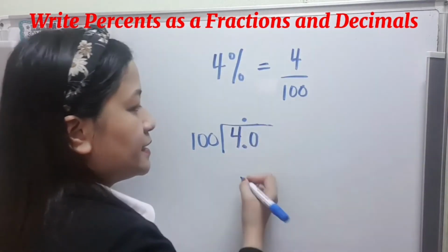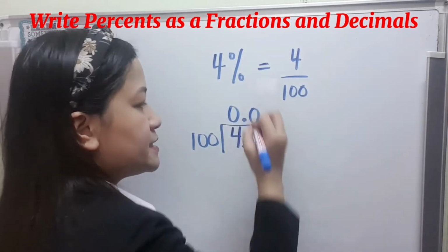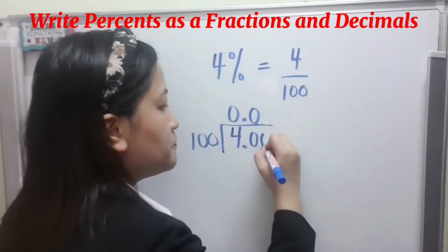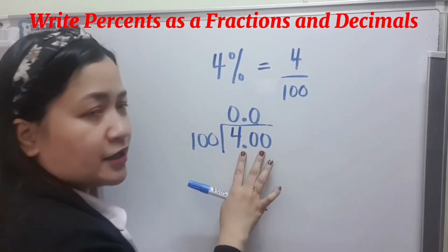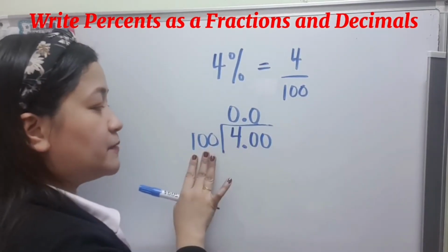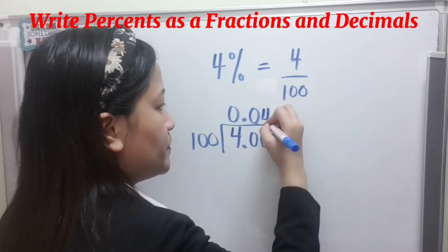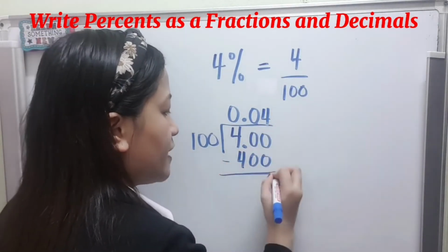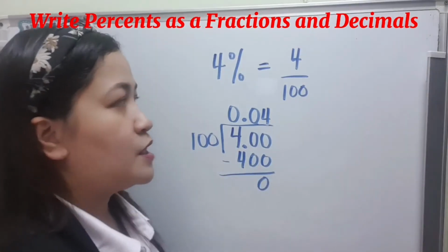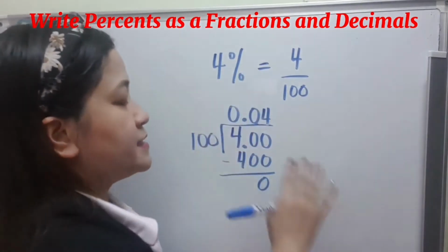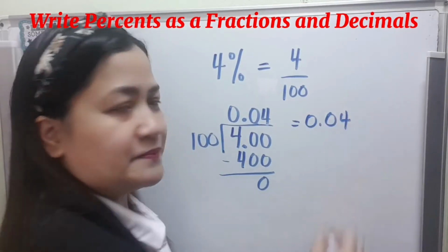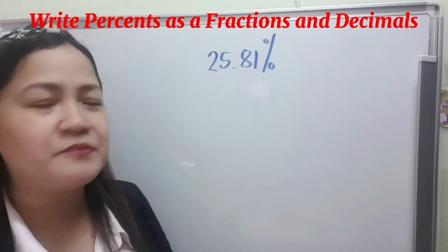Put the point, and still it's 0 because 40 is smaller than 100. So let us put another 0, making it 400. 400 divided by 100 is 4. 4 times 100 is 400. And then subtract, that gives us 0. So that means 4% is equal to 0.04.